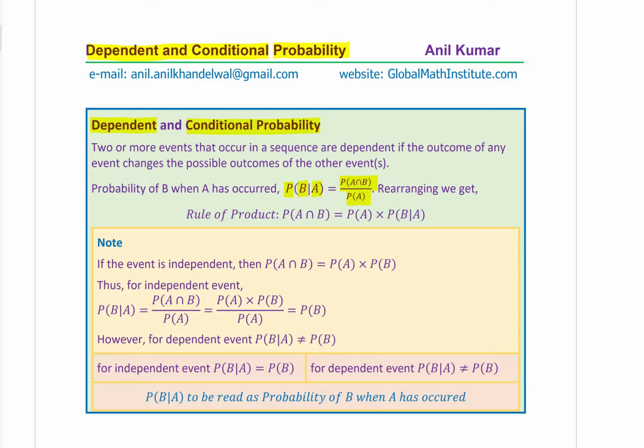Now this formula can also be written in the product form, and this is also called the rule of product. So you can just cross multiply and write down that the probability of A and B is the probability of A times the probability of B when A has occurred, right? So that is what it is.